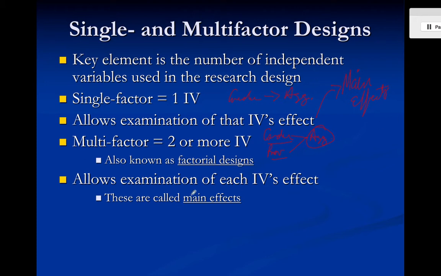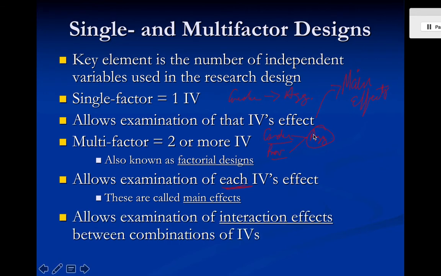Now, factorial designs are going to allow you to examine the main effect of each IV, the effect of gender alone and the effect of provocation alone. But the good thing about a multi-factor or factorial design is that it's going to allow you to also examine what we call the interaction. And this is really what we want to look at. This is the good stuff.